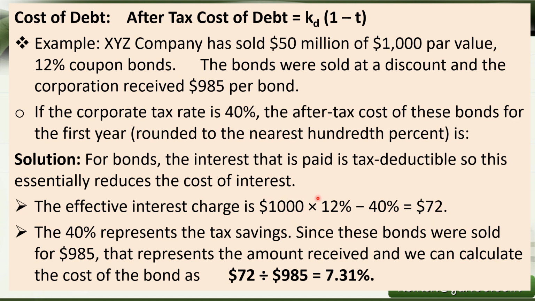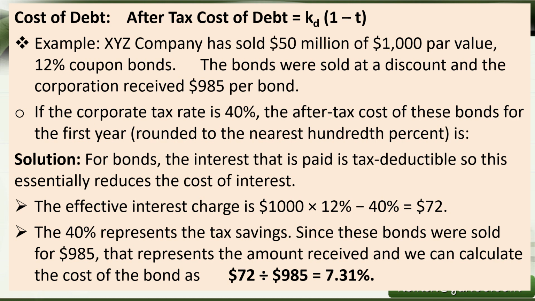So you calculate this: 12% means 120. So 120 multiplied by minus that 40%. So the remaining is 72. Okay.